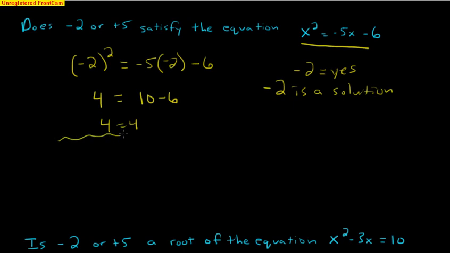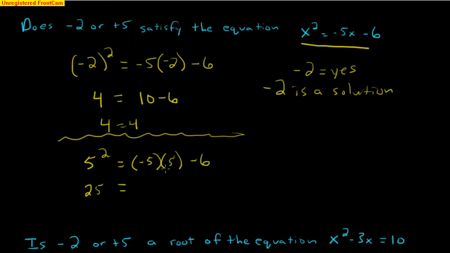Now let's test positive 5. Can we plug in 5 squared equals negative 5 times 5 minus 6. 5 squared is 25.